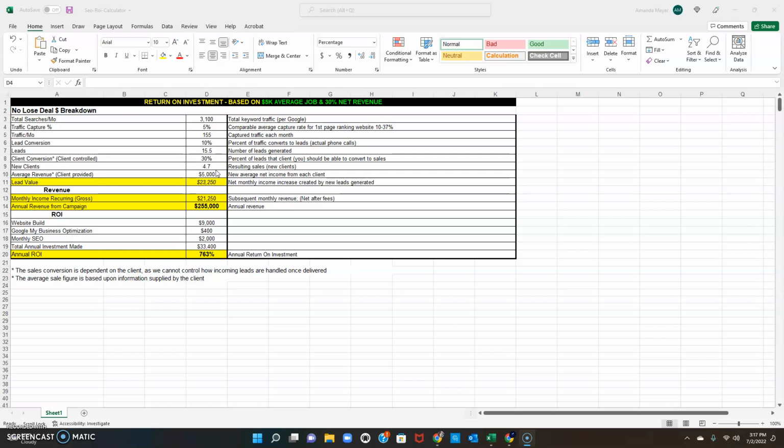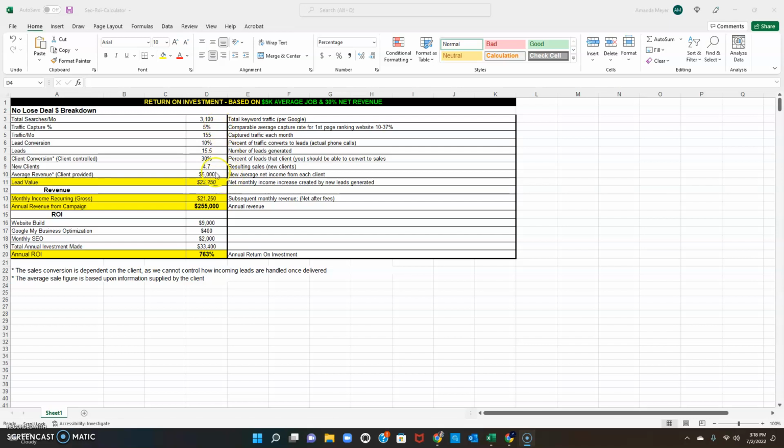Now, what I also need to find out and what gets determined from them is their average job cost. So if they're telling me, yeah, we're converting 3 out of 10 and our average job cost is 5,000, that I would enter here. So again, 2 key important pieces of information that you want to find out from them is what their conversion rate is and their average job cost.